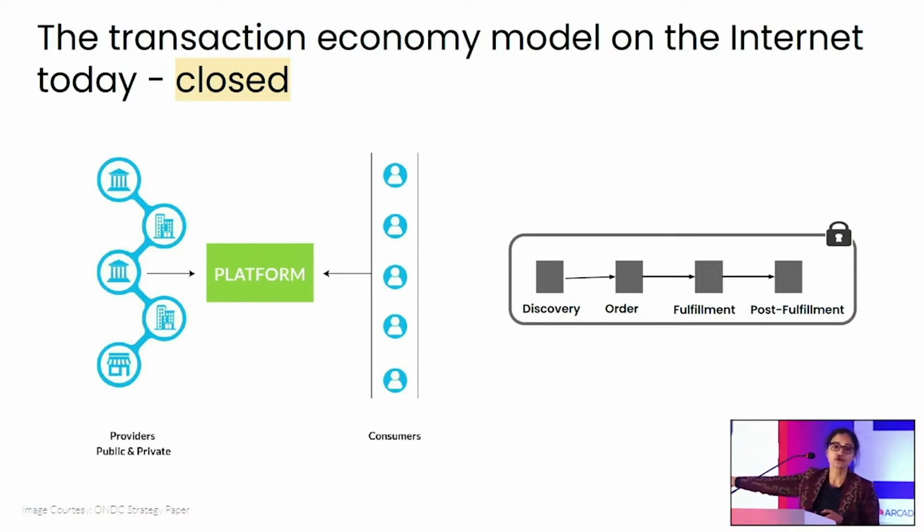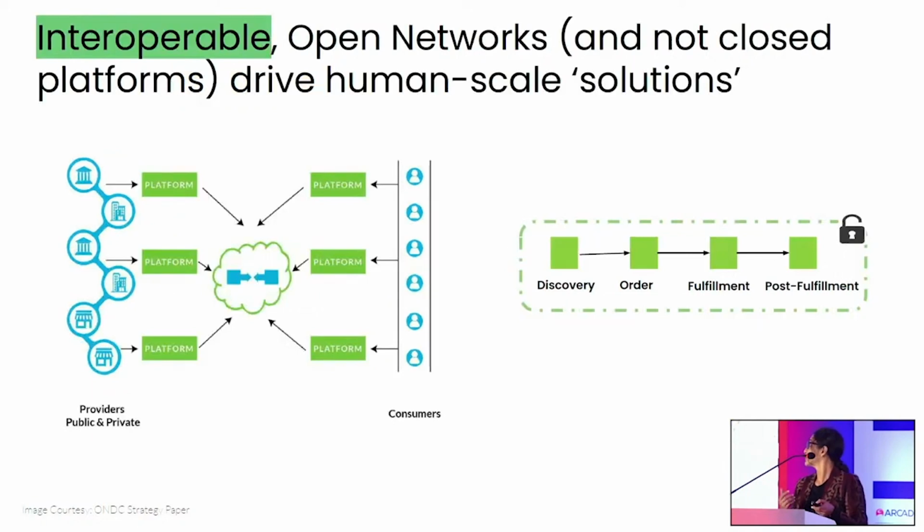We are very familiar with this model, whether you want to book a ride, you want to book a stay, you want to buy something online, both you and the seller have to be on the same platform and transact on that platform. The platform becomes a store of value. It's all locked.